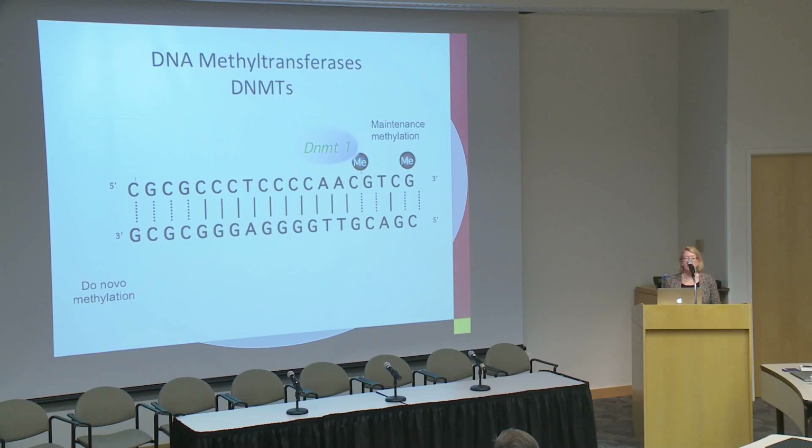And of course, the DNA changes are brought about by DNA methyltransferases. There are two general classes: the DNMT1s, which are considered the maintenance methylation enzymes because they maintain the methylation pattern faithfully each time a cell divides, versus the DNMT3s, 3A and 3B, which are considered de novo methylation because they can respond to an environmental change and de novo methylate the DNA.